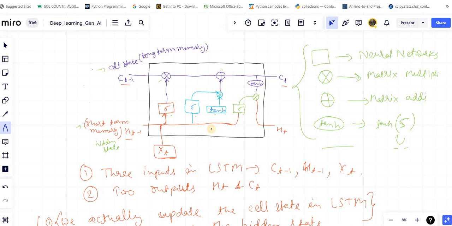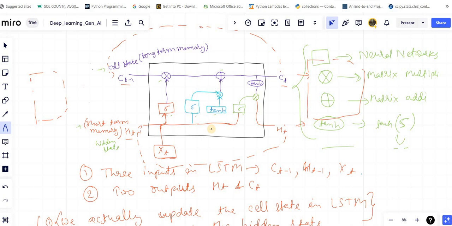So now let me give a brief explanation. There are multiple LSTM blocks. This is one LSTM here, this is one LSTM here, and whatever the ct is, that is the input for the next LSTM. Whatever the ht is, that will be input for the next LSTM. I showed you that block diagram, there are two inputs, a feedback loop.